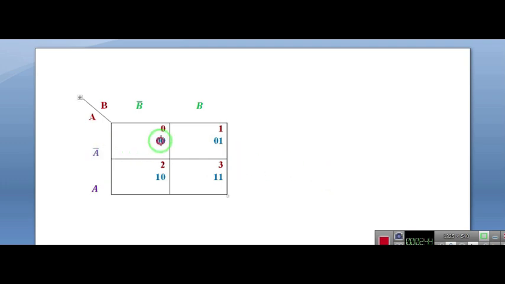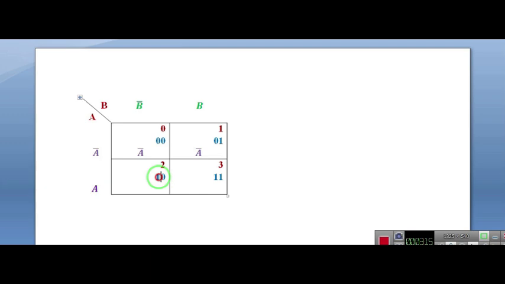Here you can see row number 1, column number 1 and row number 1, column number 2: both are going to have 0. This 0 is the row value A bar, because 0 is used to represent the complement of the variable. Therefore, both the cells of row number 1 have the same 0, and that's why they have the common symbol A bar.